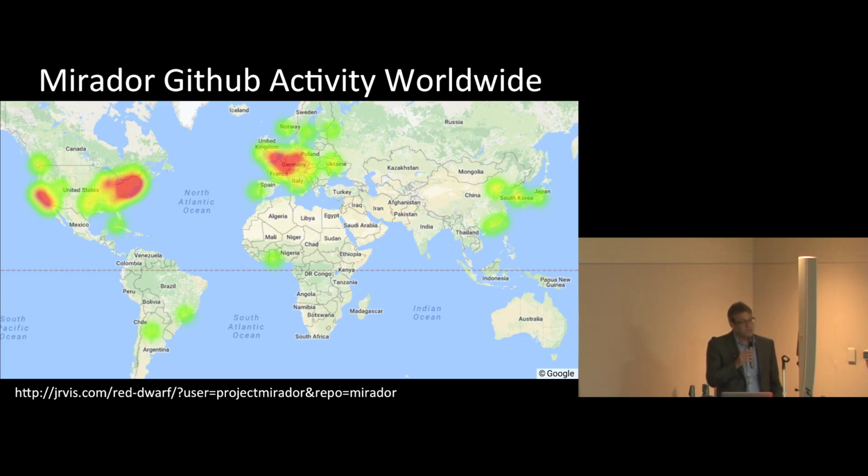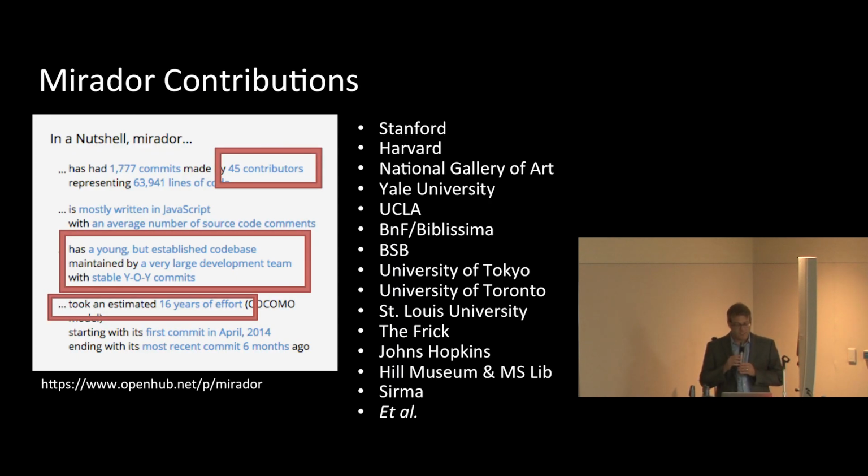Mirador is a global project with worldwide participation, adoption, and contribution. You can see some of the institutions that have contributed to the development of Mirador, including the University of Tokyo. All told, the equivalent of 16 years of effort has been invested in developing Mirador, and we continue working.